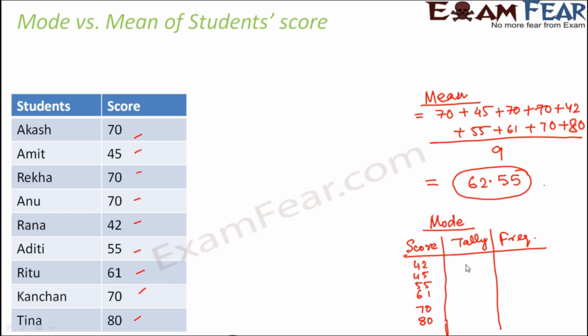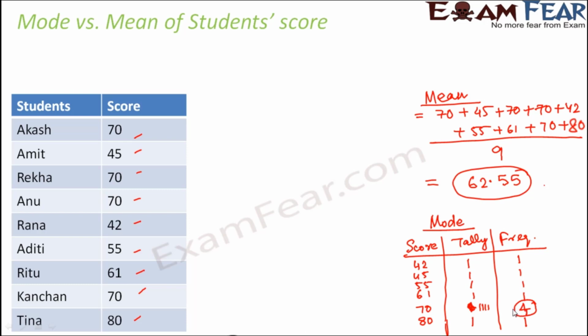So how many students scored 42? Only 1. 45, 1. 55, 1. 61, 1. 70, 4. 80, 1. So this should be written like this in tally. So this would be 1, 1, 1, 1, 4 and 1. So which is the maximum frequency? 4.